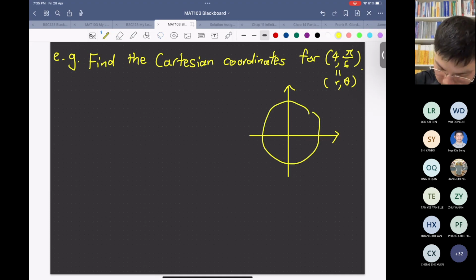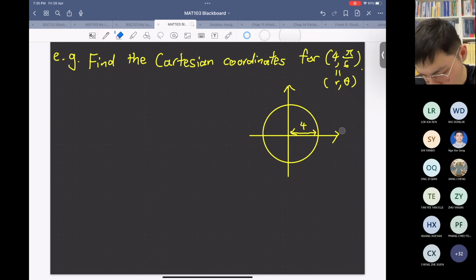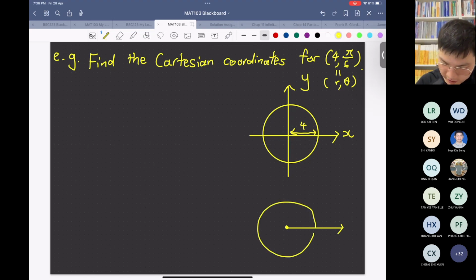So let's draw the circle with radius 4. Remember, polar coordinates and Cartesian coordinates are both on the xy plane. If you like to draw a polar axis, you can also do that. It's personal preference, but I would like to remind myself I'm still in the xy plane, so I draw xy. If you want to draw this picture, it's fine as well.